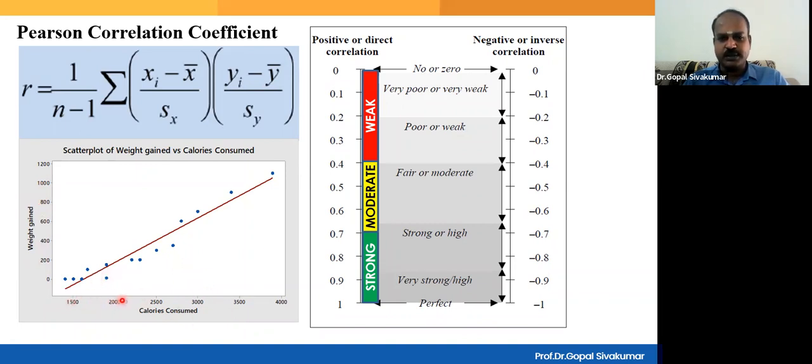See, I keep on increasing the calories, and see here, my weight gain also keeps on increasing. And the points are plotted here. Now the blue color points are the real experimental values. Look at the way the blue color experimental values are falling. It falls almost along a straight line, but not a perfect straight line.